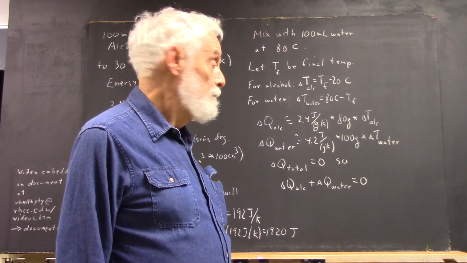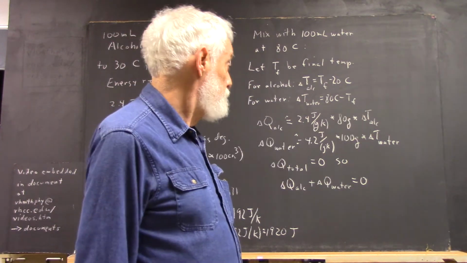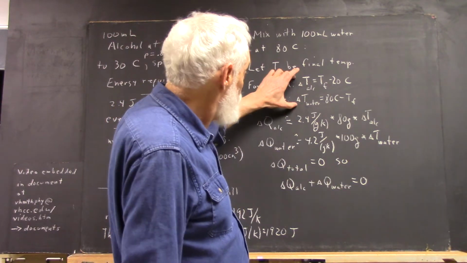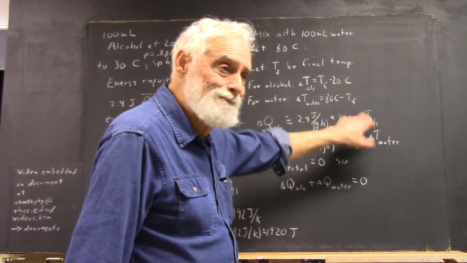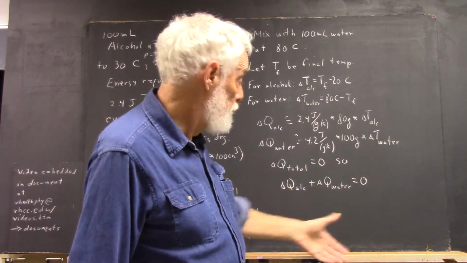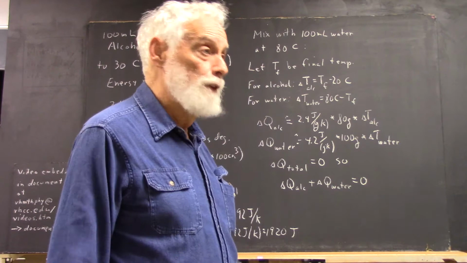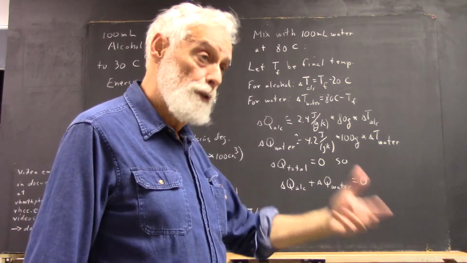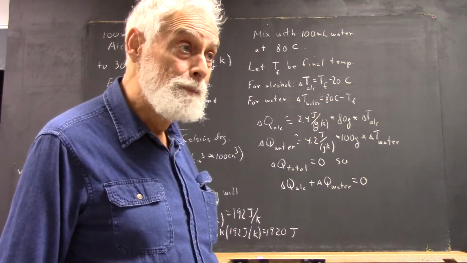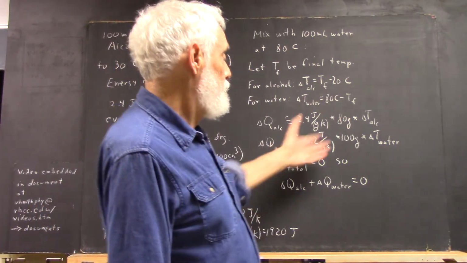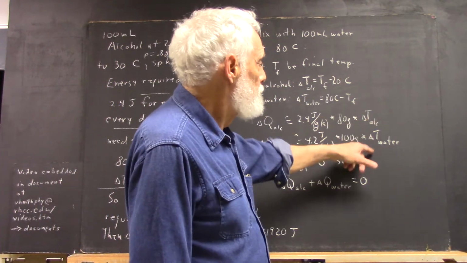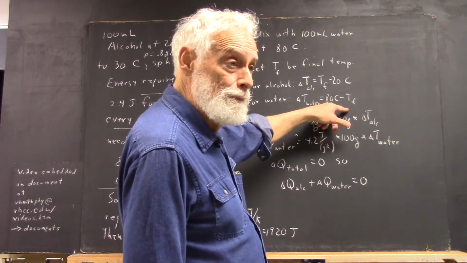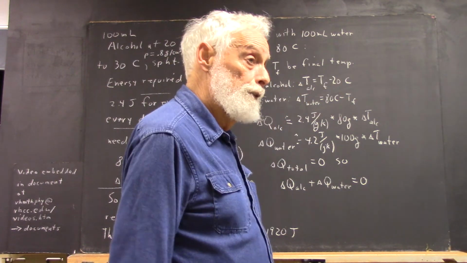Okay? Well, you can use these expressions for your delta T alcohol and delta T water. Just write it out and solve it for TF, right? Keep track of your units. You'll see that your units do come out in Celsius degrees. Each of these expressions is in terms of TF and given quantities, okay?